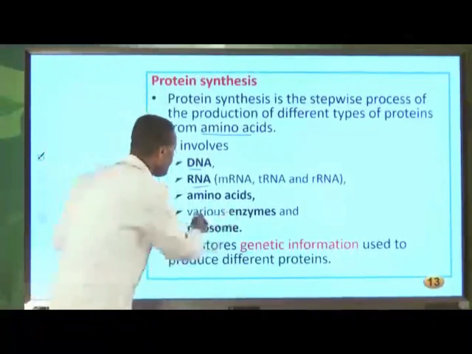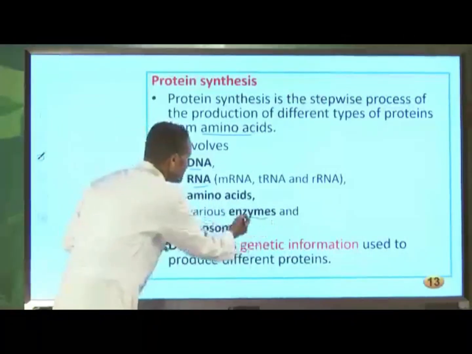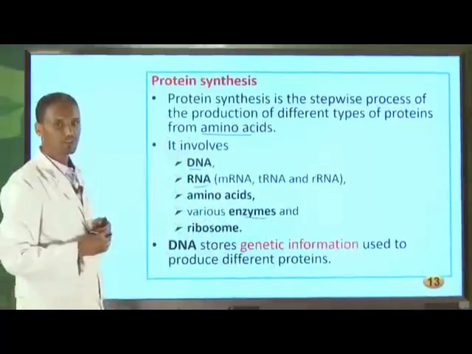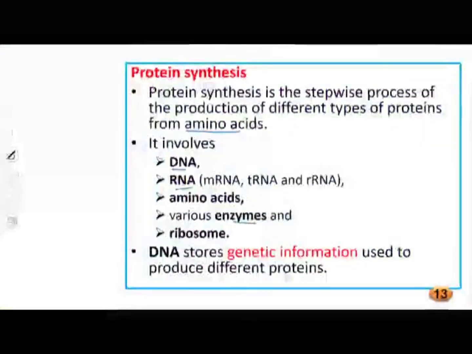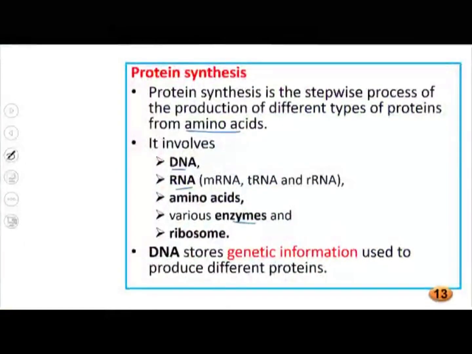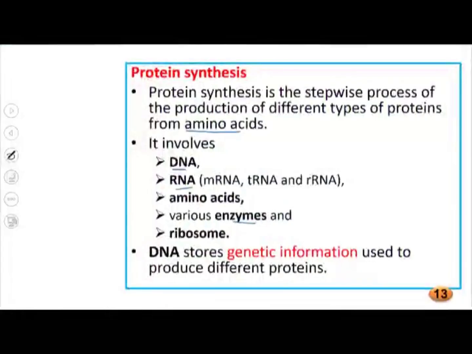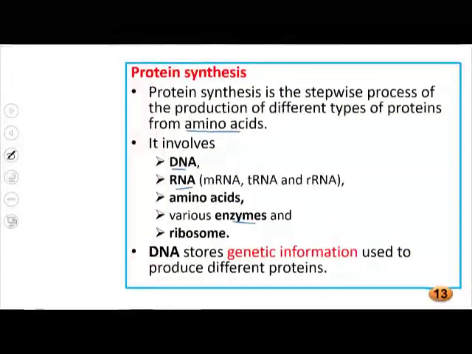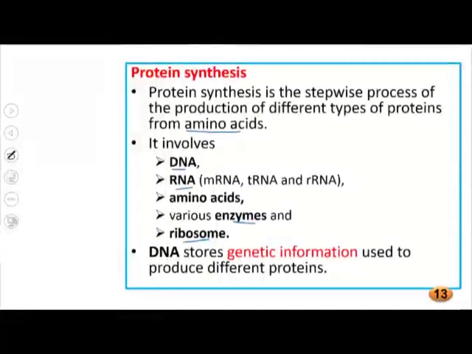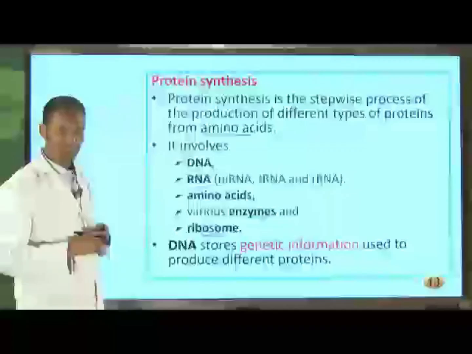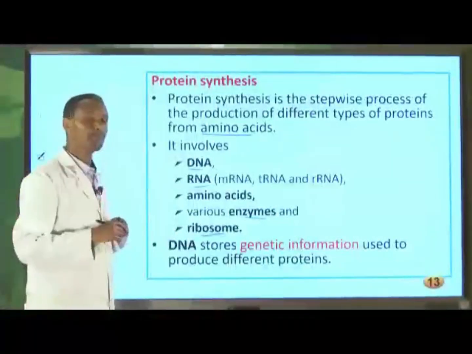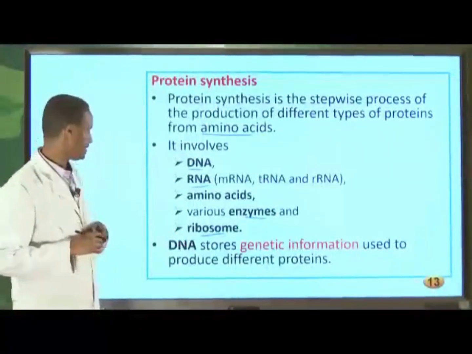Again, various enzymes are important for the process of protein synthesis. The other one is the organelle, or the factory of protein, which is the ribosome. Ribosome is the organelle found in the cytoplasm of the eukaryotic cell, and it is the place where protein is synthesized in our cell.